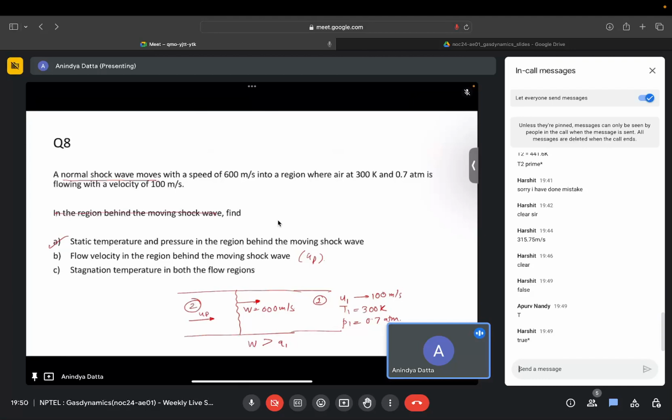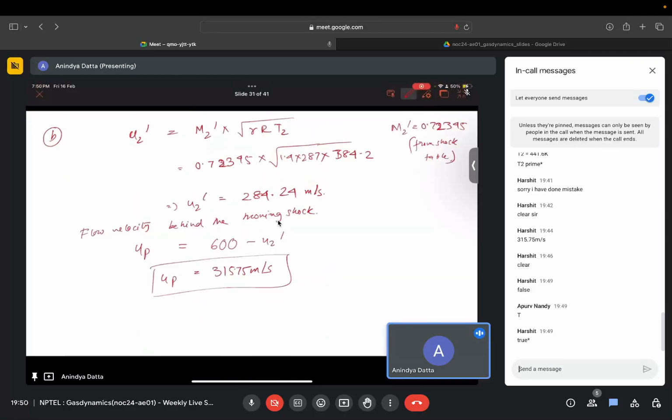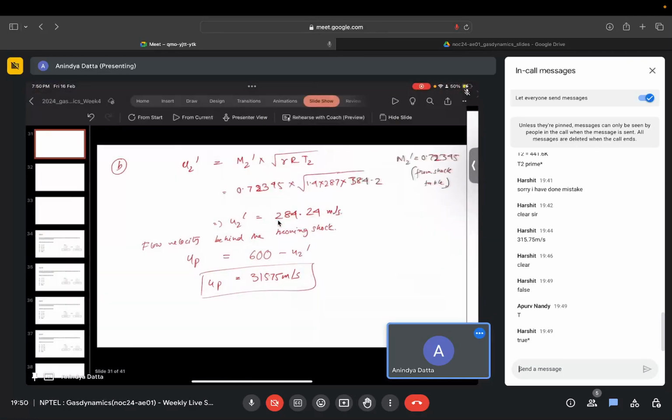So part C: we have to compute the stagnation temperature in both the flow regions. Sorry, I missed that part. This will actually clarify this.